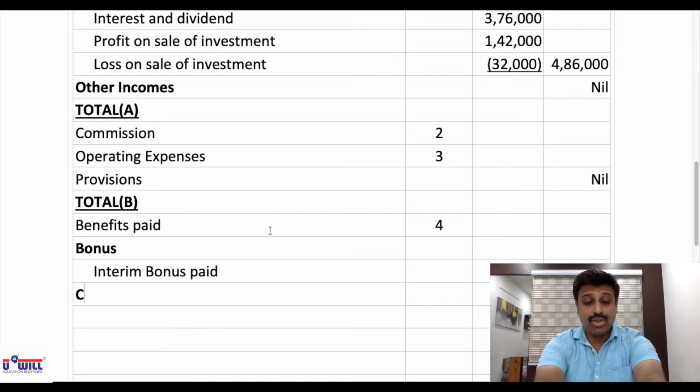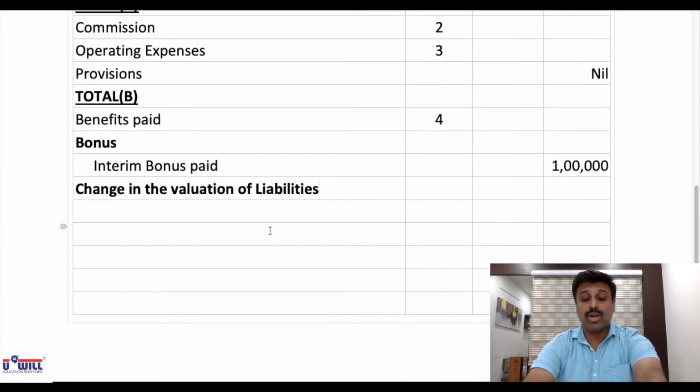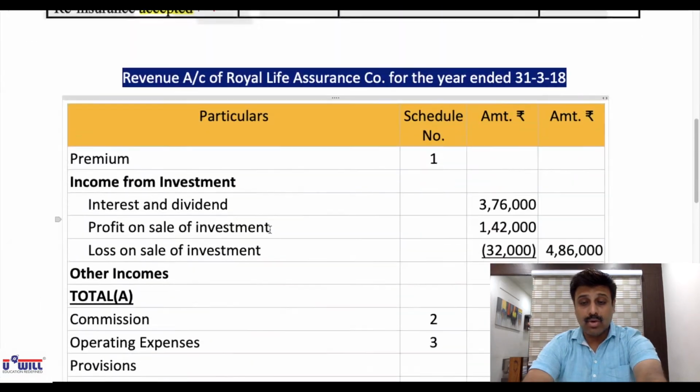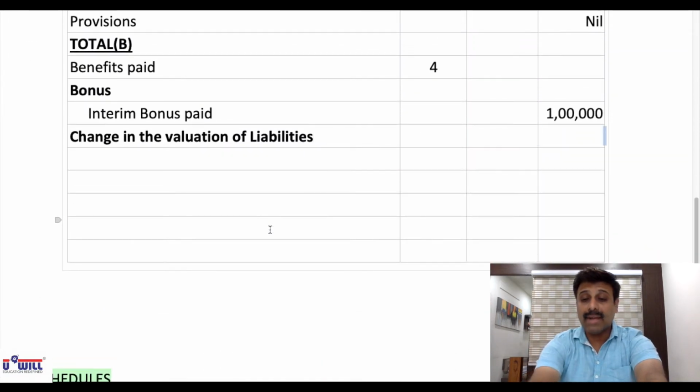And then we show change in the valuation of liabilities, where we had discussed we'll be showing closing minus opening, but there is no item marked as L over here. We don't have this item either, so we'll mark it as nil. And then we will get total of C. After that, we will show surplus or deficit.